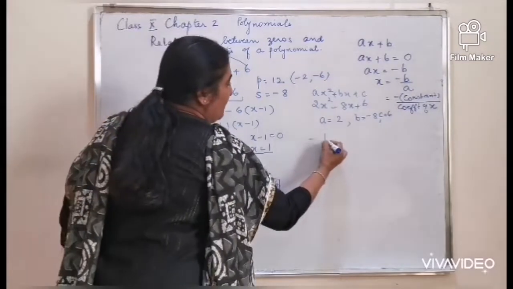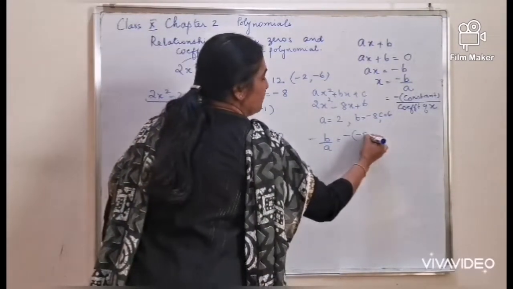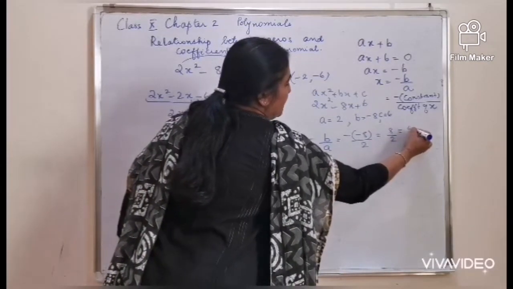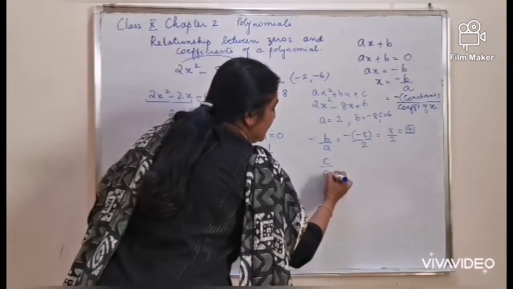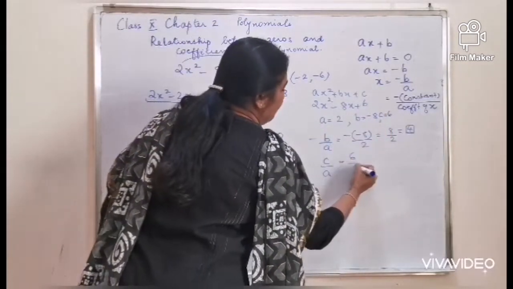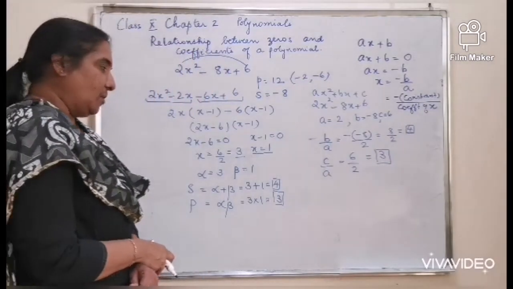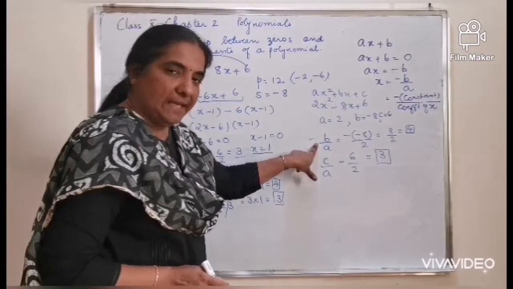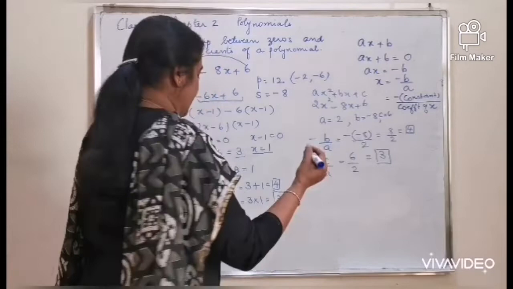The value for minus b by a is the same as minus of minus 8 by 2, which is 8 by 2, which is equal to 4. And the value of c by a is the same as 6 by 2, which is equal to 3. Thus you can see here also alpha plus beta is equal to minus b by a and alpha beta is equal to c by a is verified.